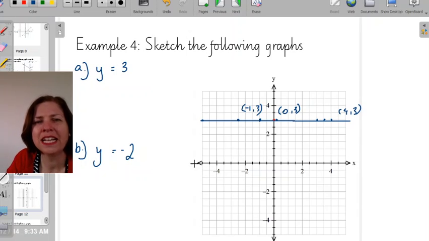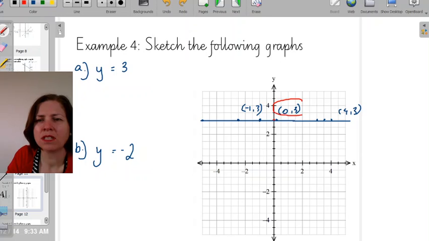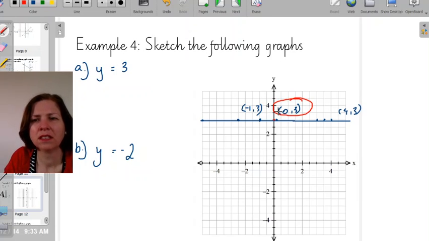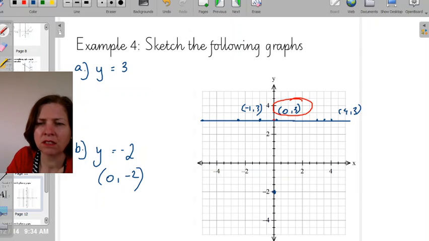Okay, so all we need to do when we have y equals anything is we label the y-intercept as 0, 3, and then draw a horizontal line through it as quickly as you like. So let's practice that with y equals -2. I'm going to label the y-intercept as 0, -2. So that's just here, 0, -2.